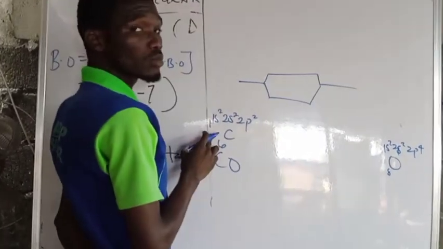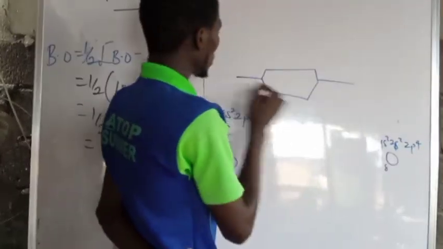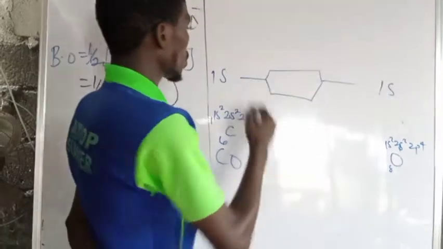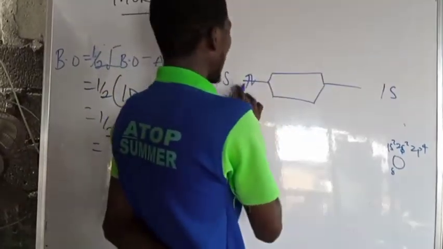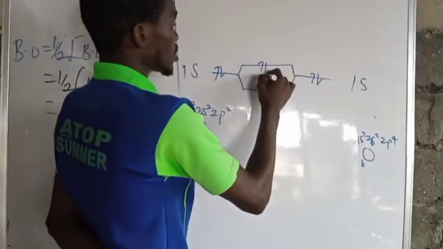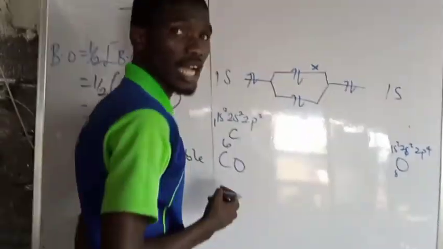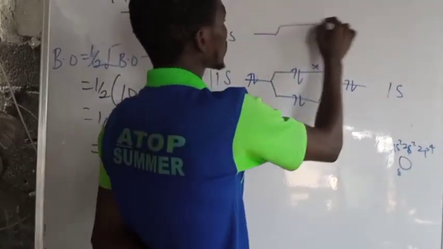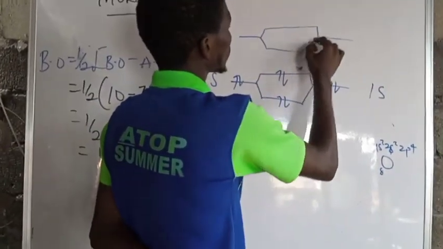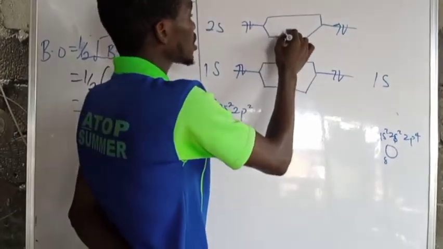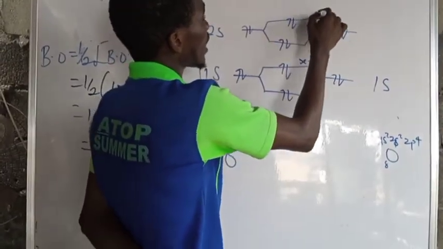1s from carbon, 1s from oxygen, and both carry 2. So we have 1, 2 for carbon, 1, 2 for oxygen. So we have 1, 2 here, 1, 2 here, and here is our antibonding. Then the second one is 2s: 1, 2, 1, 2. So we have this here, and this is our antibonding.